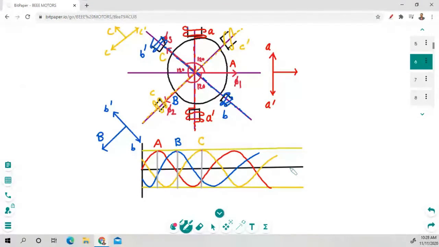This red phase is generated from these two conductors, and we have placed two windings right here. A and A dash is the first phase, B and B dash is the second phase, and the third phase is from C and C dash.